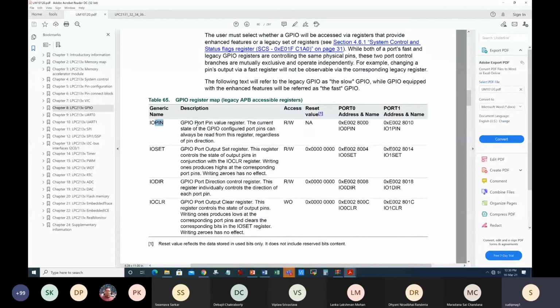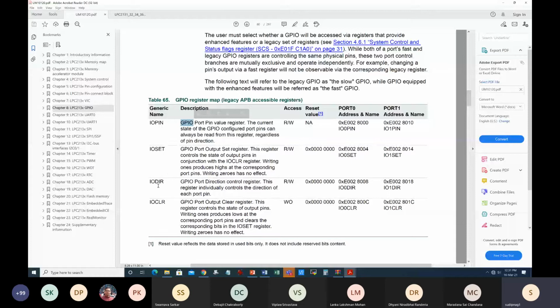That value can originate from an external device if the pin is in input direction, or it can originate from inside if the pin direction is output. So these four registers are very essential for general purpose input output activity under the general digital mode of operation, like simple GPIO, which means simple digital input output operation.